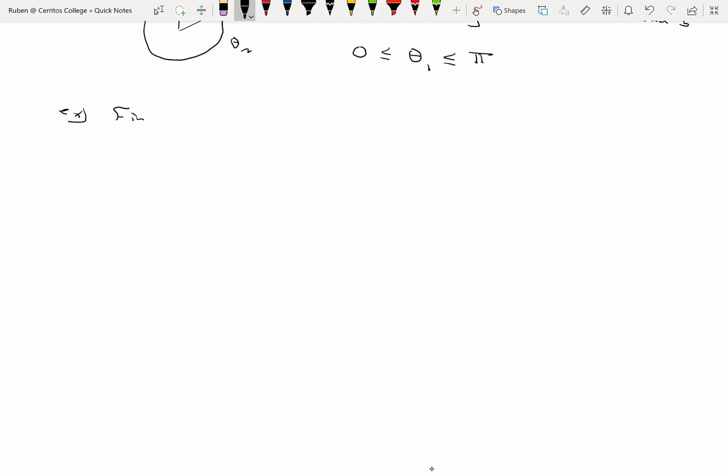Find A dot B. Here's B, and let's say it has length 4. And here's A, and I want A to have length 3, and the angle between the two vectors is 45 degrees.